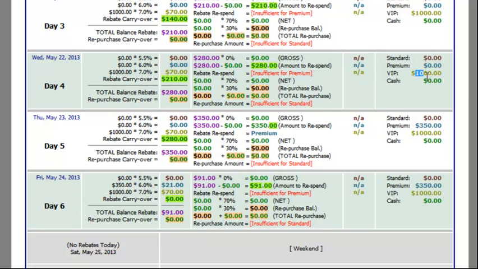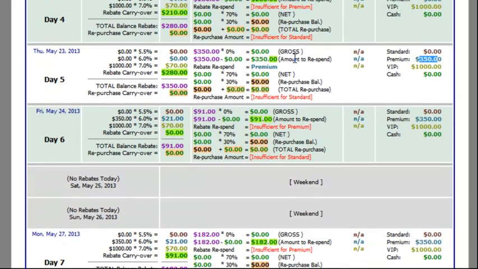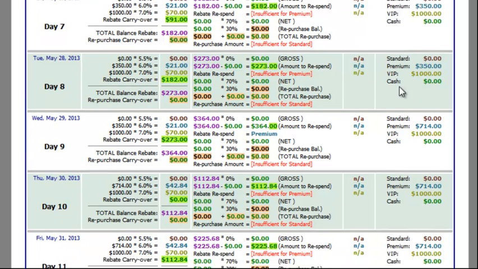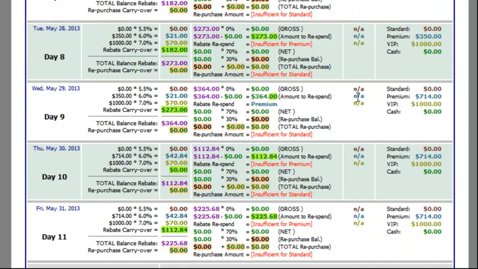So now you see all along we've had this $1,000 working for us, and it's going to work for us for 24 days. Now we also have $350 at premium, which pays 6% a day, working for us. And the same thing happens. We keep going, we see our premiums. We don't do another repurchase until May 29th at the premium level, because by then our account has grown to $364.